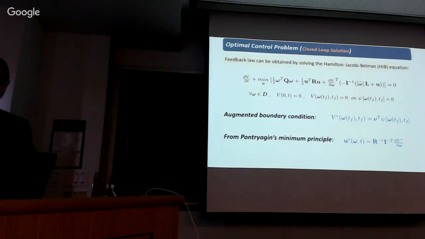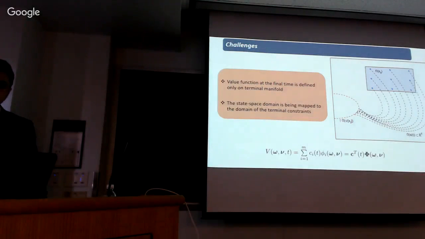And by the minimum principle, you can see that the optimal control is directly related to the gradient of the value function. So if I can find the value function from the HJB equation, or at least the gradient of the value function, then I'm done and I will have the optimal control. But actually there is a main challenge in this problem.